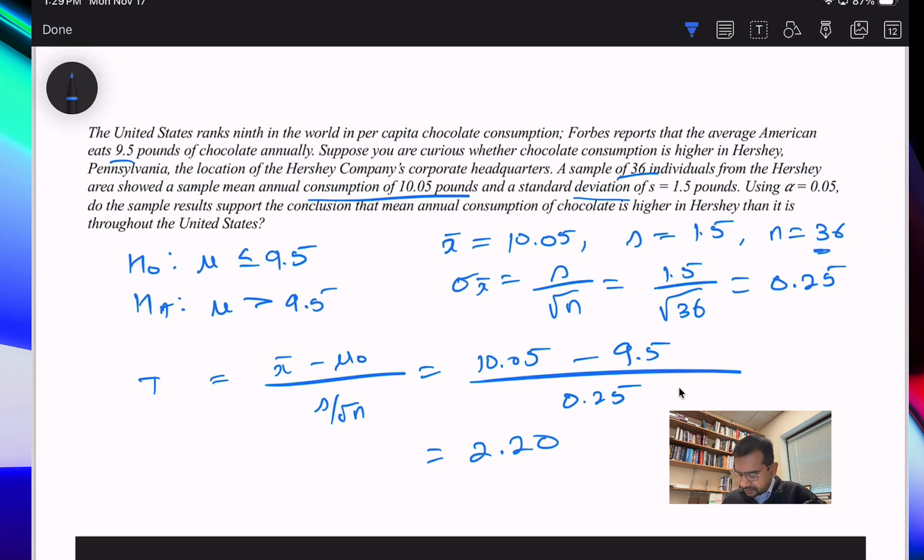And this will follow a T distribution with degrees of freedom equal to 35. So now we can look at the T distribution corresponding to 35 degrees of freedom and see how likely we are to get a value as extreme as 2.2.